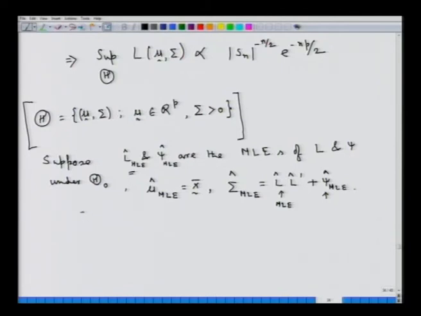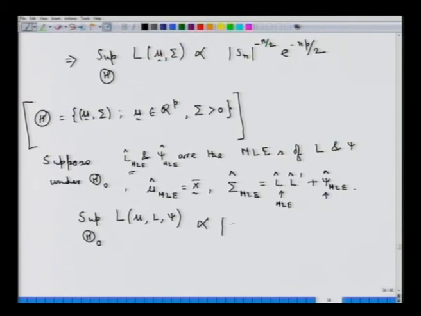Now, we are in a position to write this supremum over script theta naught of the likelihood function. Now, this likelihood function will be in terms of mu, L, psi, given x, I will just drop it. This one is going to be proportional to terms similar to this. This is determinant of sigma in the likelihood function. Now, sigma is estimated by sigma hat, which is L hat L hat transpose plus psi hat.